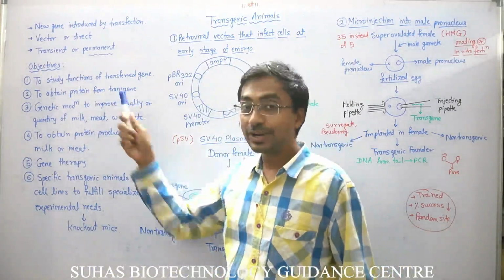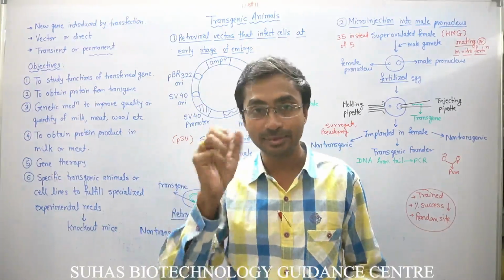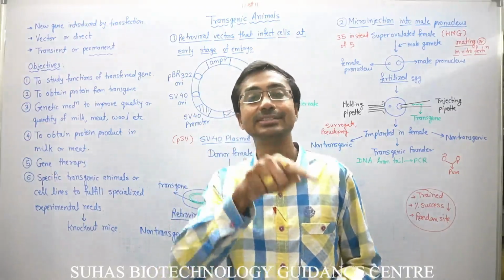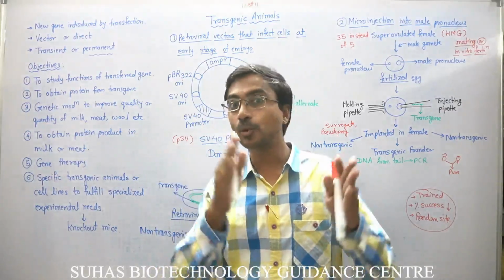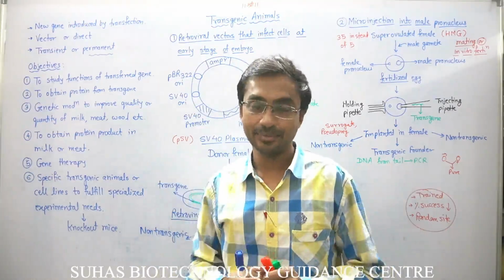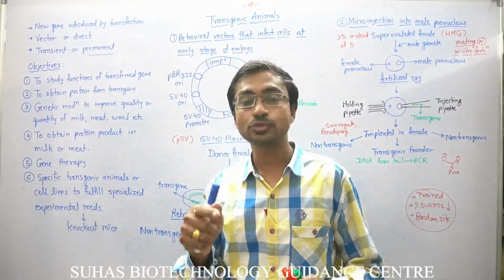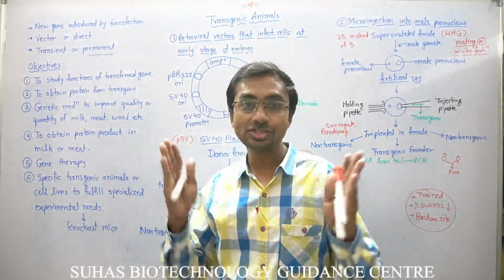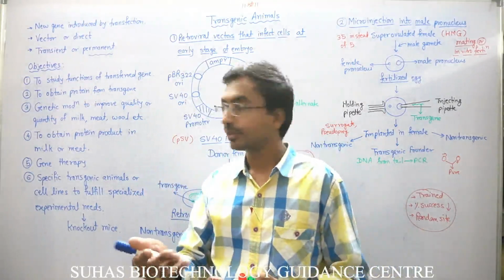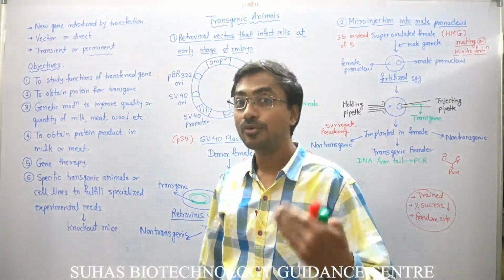We can transfer any gene into a particular animal, and if that protein is formed and secreted in its urine or its milk, then we are actually producing that protein in that animal. This can be called bioreactors.